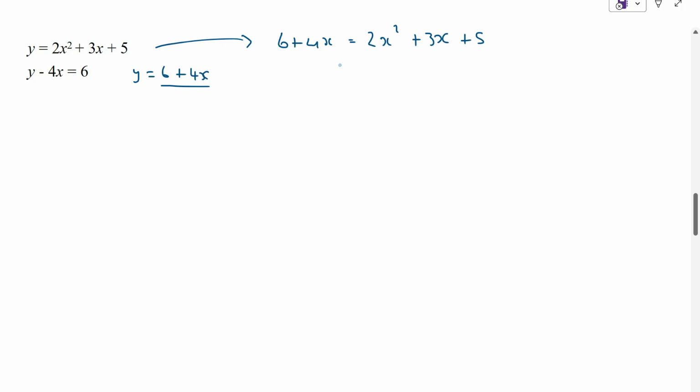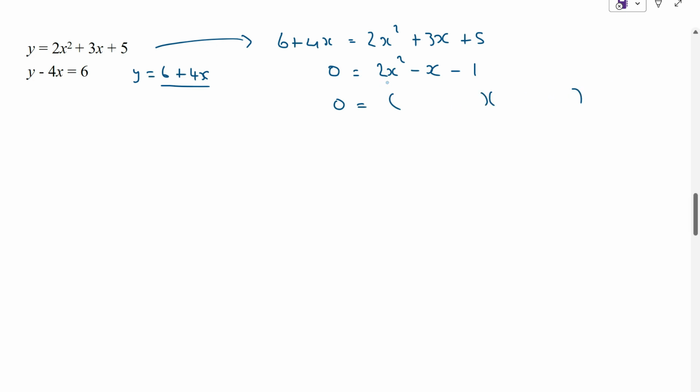Now let's go ahead and simplify this. We're going to minus 4x on this side and minus 6. Now let's try and simplify this.